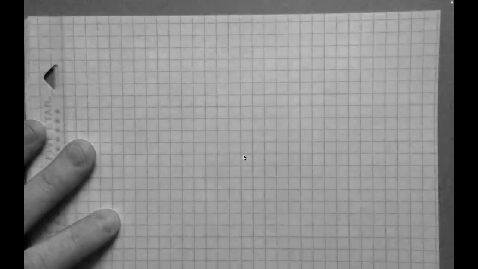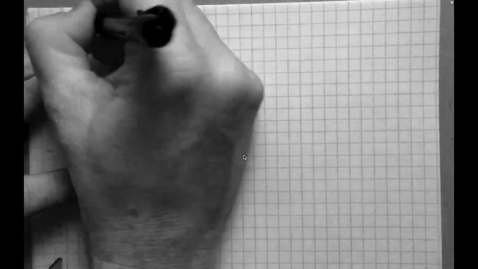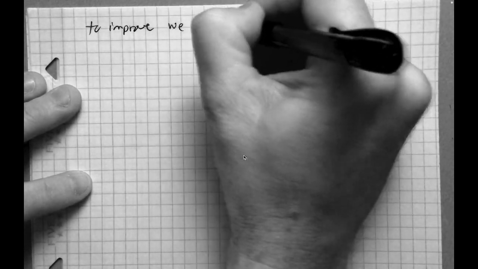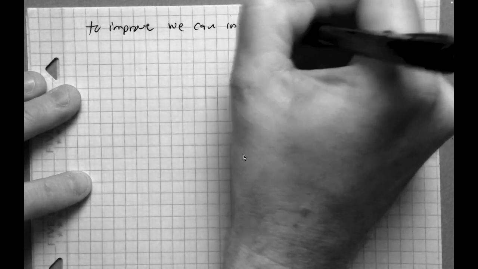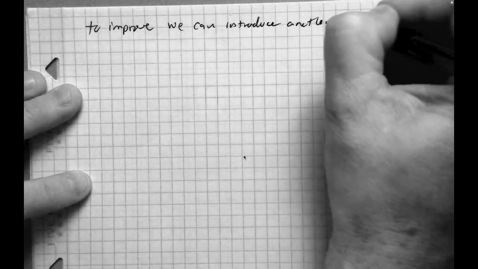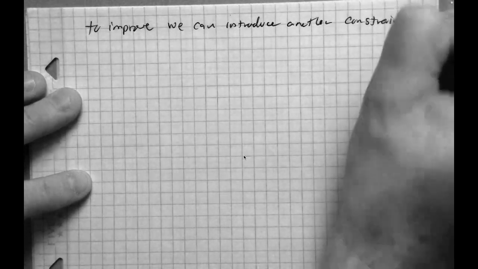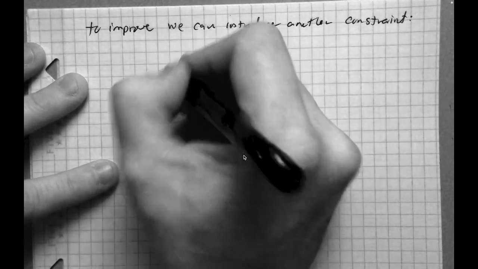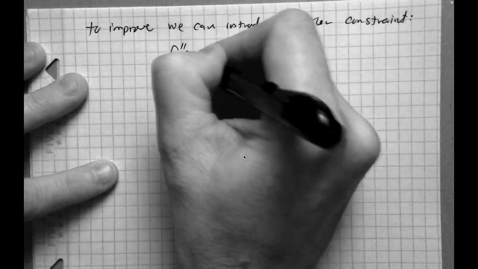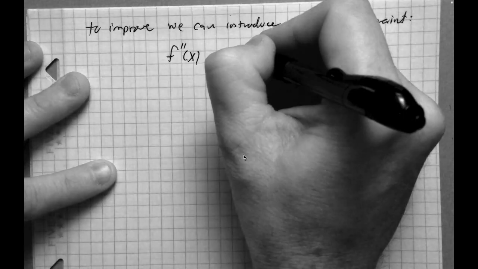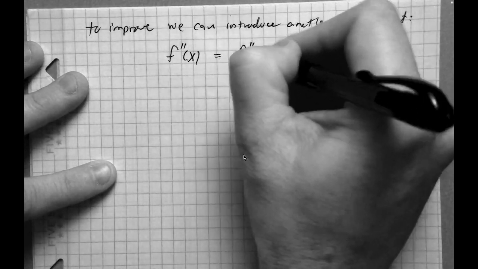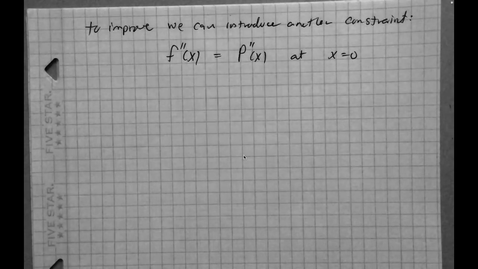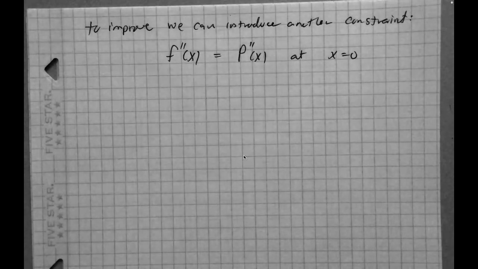Okay, so to improve the approximation, we can introduce another constraint. That new constraint would be that f double prime of x be equal to P double prime of x at x equals 0, at the value of x equals, in this case, 0, x equals c more generally.